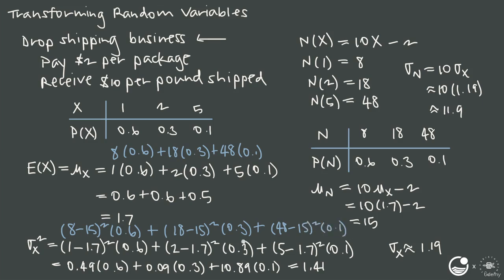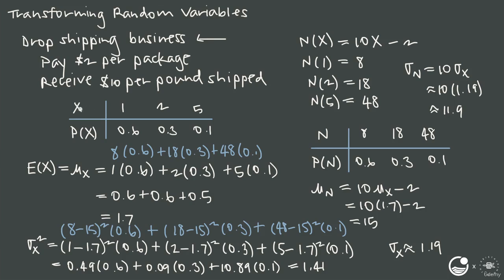We could have done that whole calculation to get variance, and then taken the square root of that variance to get standard deviation, and we would have found the same value here of approximately 11.9. But there's no need to go through all that work, since n is just a data set under transformation by shifting and scaling from this original data set x.